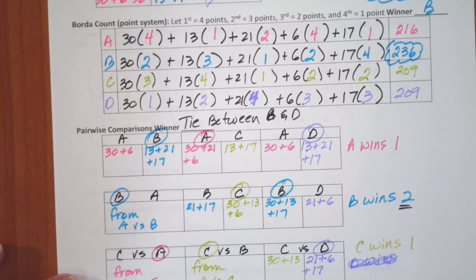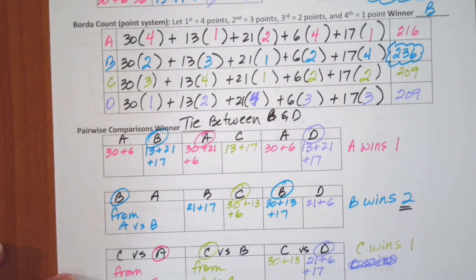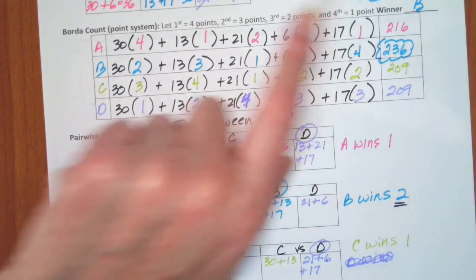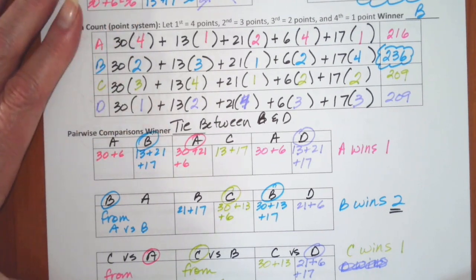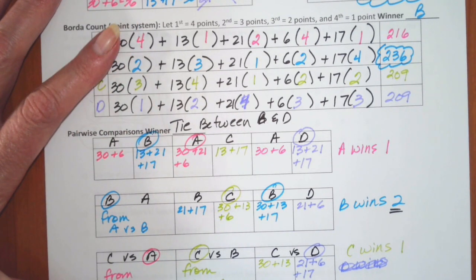Sequential runoff is B. Wait a minute, the single runoff is D. The Borda count is B. The sequential runoff is B. And then the pairwise is a tie with B and D. So B won 2.5 times.